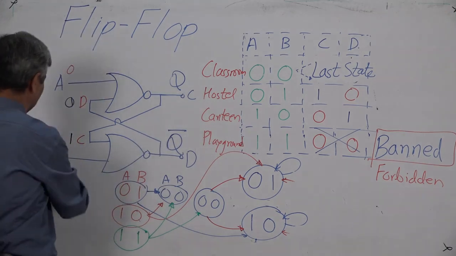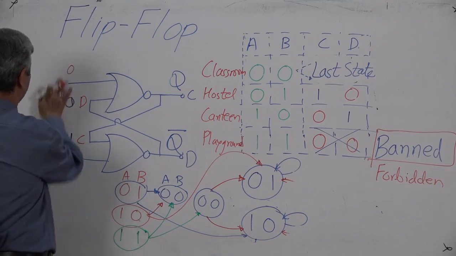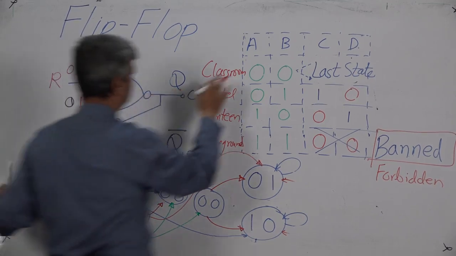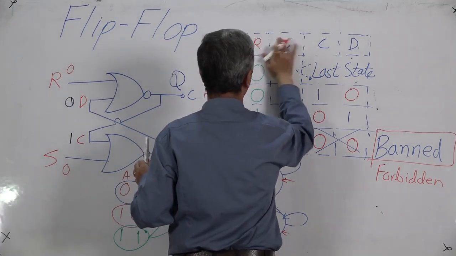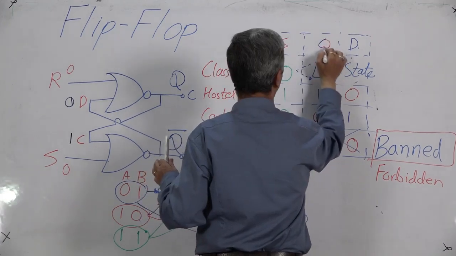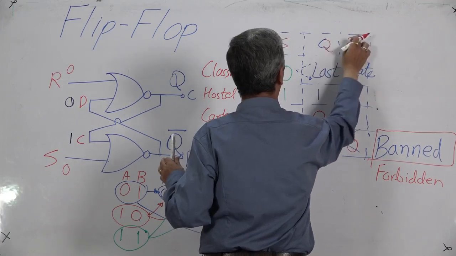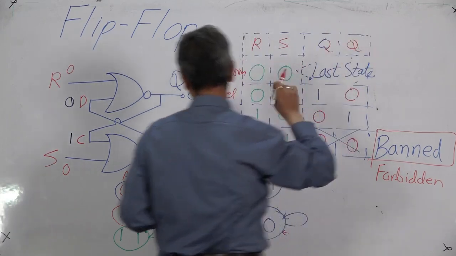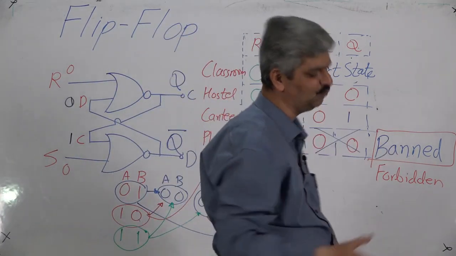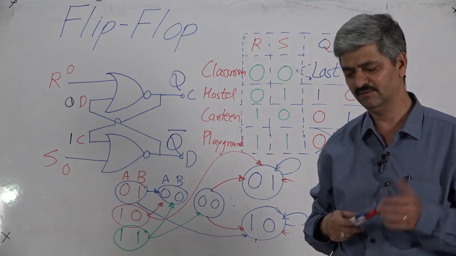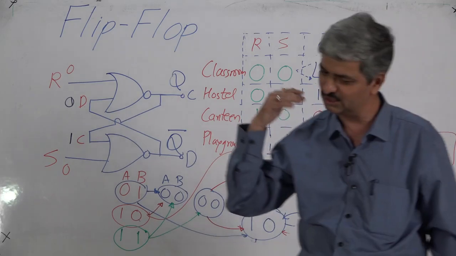And this is called S, this is called R. So this is R, S, Q and Q bar. I think this convention has been established five, six decades back. There is a mistake. They should not have given the word Q bar.